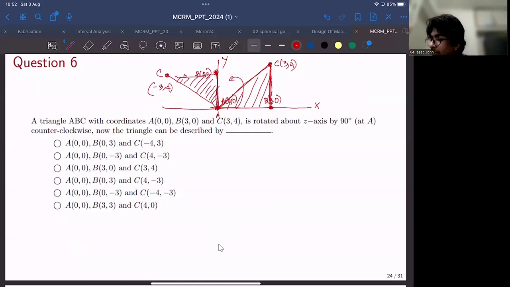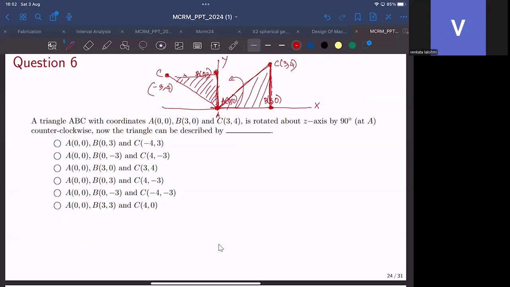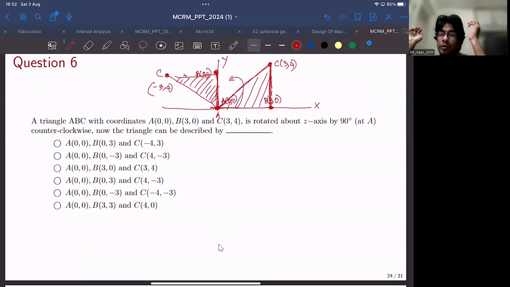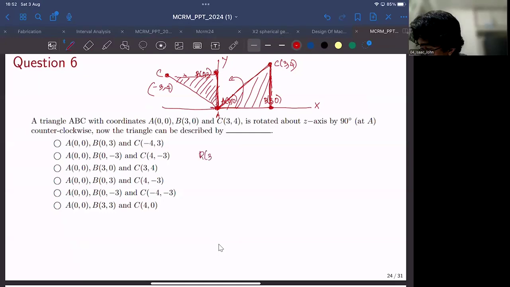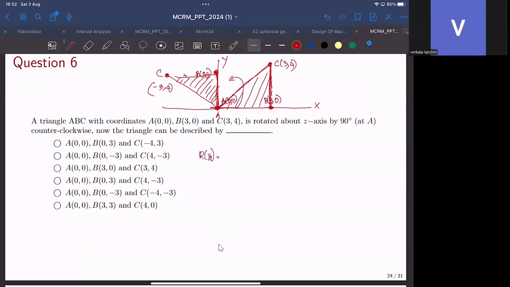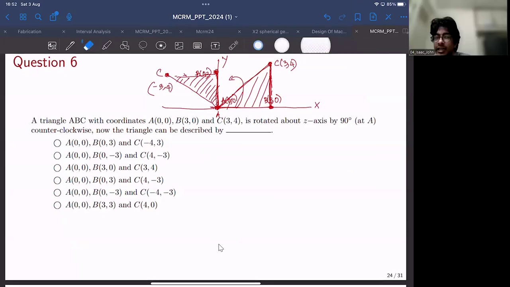Okay, are you sure that this is the correct answer, minus 3,4? How do you check this actually? Because you can use rotation matrices. I have not used the mathematical part, just my guessing only. It's always advisable.